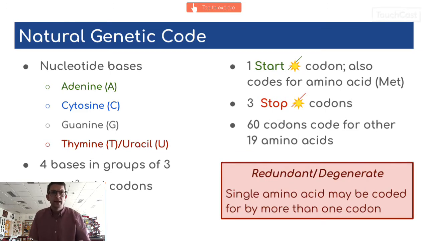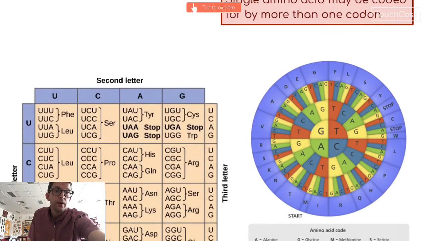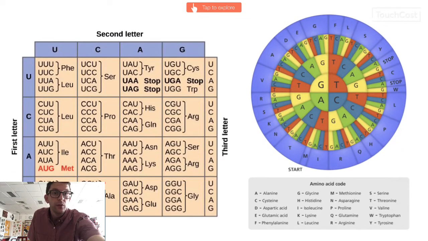So let's look at redundancy and how we can see it in the genetic codon chart and genetic codon wheel. Let's highlight glycine. We can see here that this 1 amino acid, glycine, is coded for by 4 different codons. Over here, this particular amino acid, abbreviated HIS, histidine, is coded for by 2 codons.